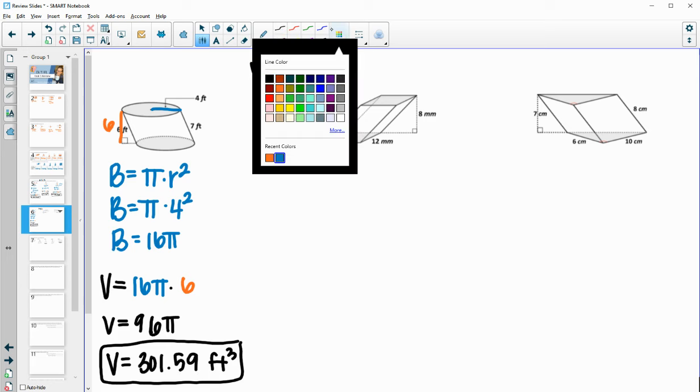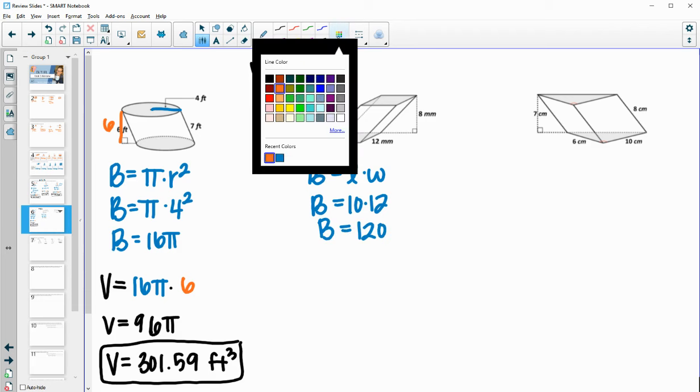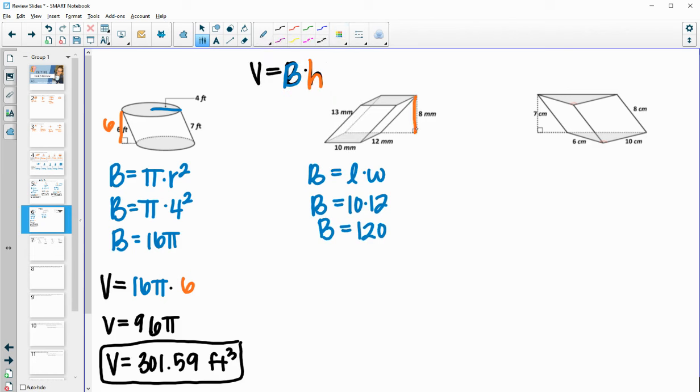Next one, the base shape is a rectangle. So area of a rectangle is just length times width. So we'll be doing 10 times 12. So the base area is 120 millimeters squared. And then the height of the shape is out here at 8.